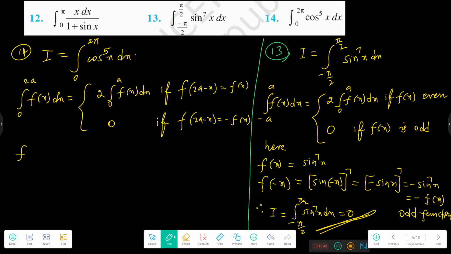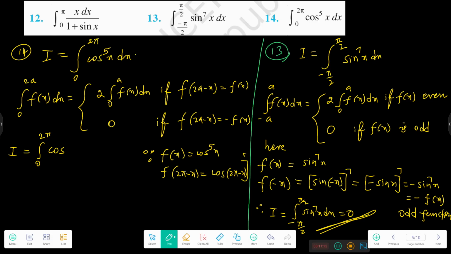First let's check. Here f of x is equal to cos power 5 x. So when you apply, directly we apply: f of 2a minus x, which is equal to cos of 2 pi minus x, whole power 5.